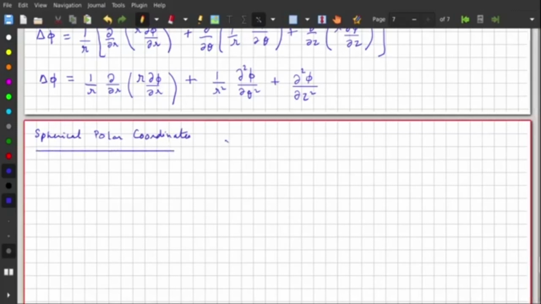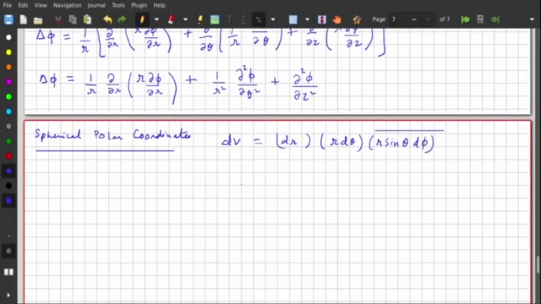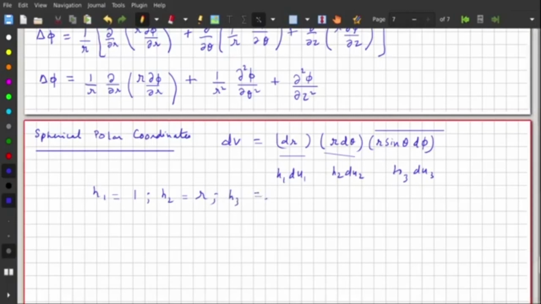If you recall, the volume element dV was dr into r dθ into r sinθ dφ, where this was the azimuthal term, this was the zenith term, and this was the radial term. Okay, and if with this we recognize h1 du1, h2 du2, h3 du3, we realize that h1 is 1, h2 is r, and h3 is r sinθ.